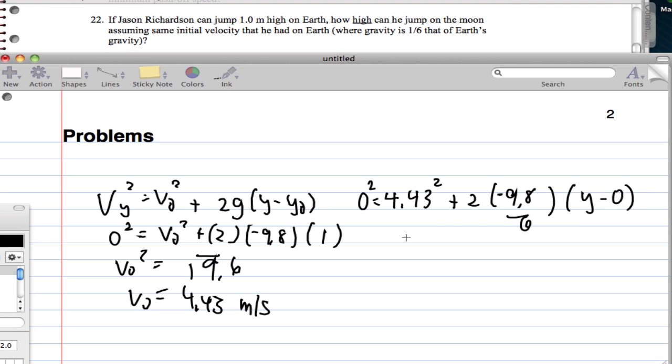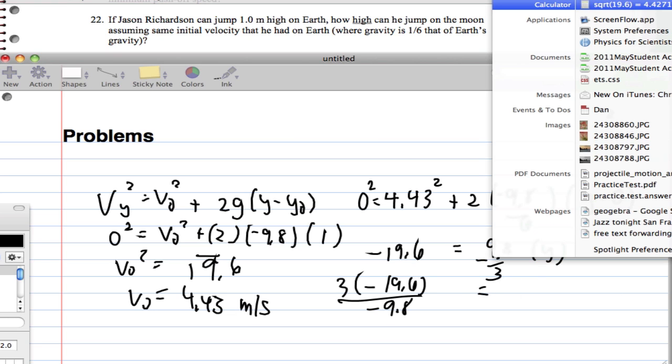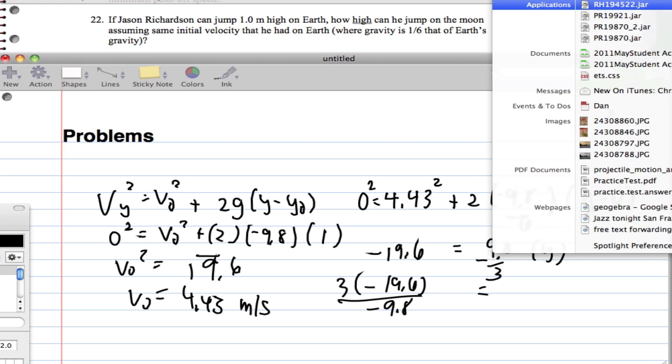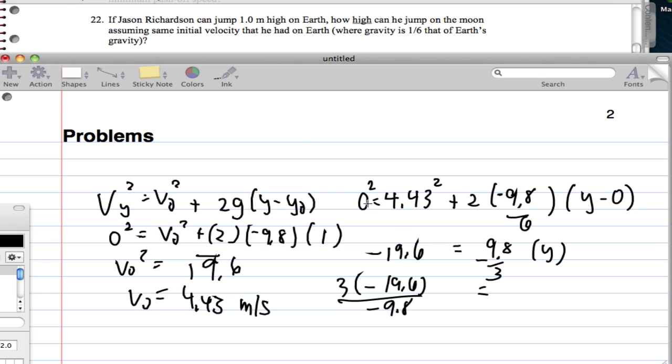So we get negative 19.6 equals negative 9.8 divided by 3 times y. And so y equals 3 times 19.6 divided by 9.8, and that'll be the height. So let's calculate that. 19.6 times 3 divided by 9.8 gives us about 6 meters. Wow, that's pretty cool.